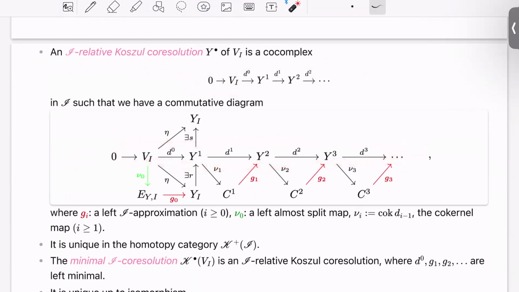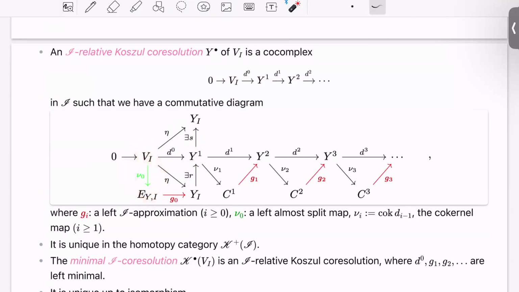First, D0 is the most complicated part. The easiest one is just the identity. So here, this is very general. At first, we take the left almost split morphism, nu zero, here.